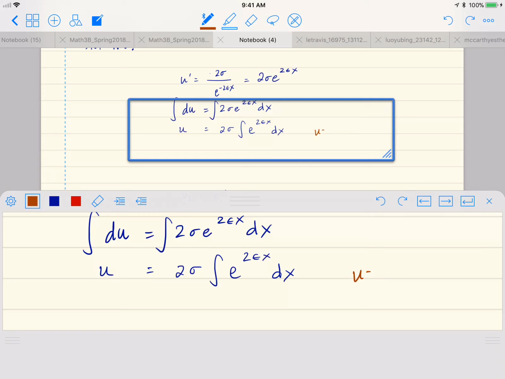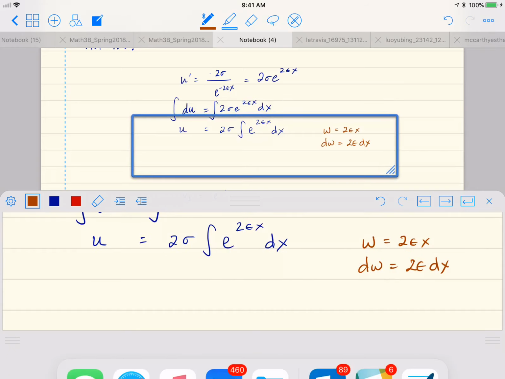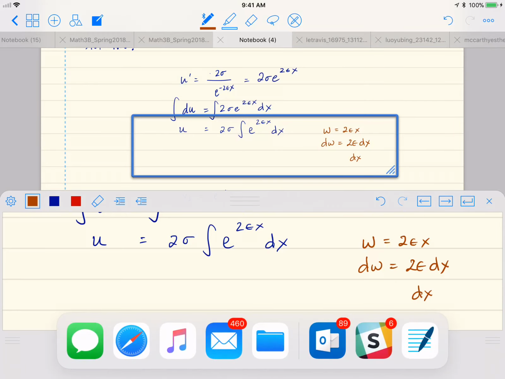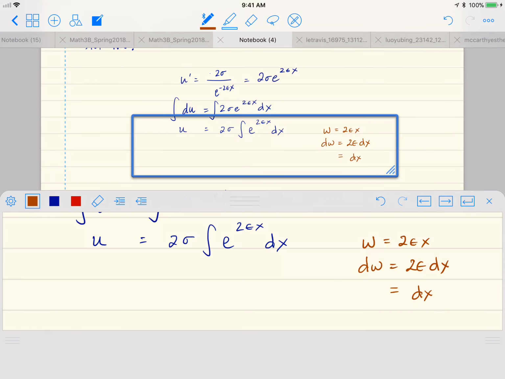So we can just use another notation. Do a w substitution. Let w equal 2 epsilon x, then dw is 2 epsilon dx, right? So dx is 1 over 2 epsilon times dw.